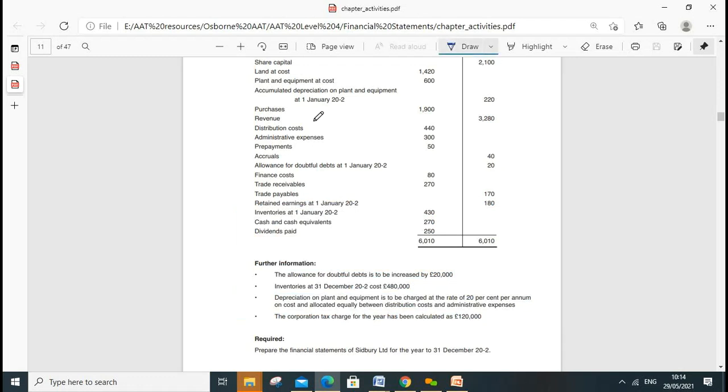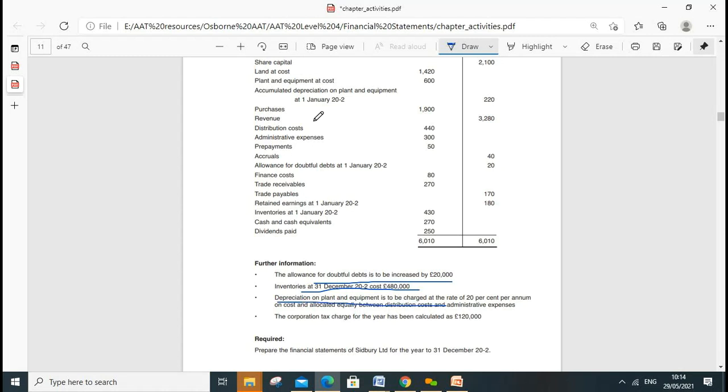Yes, so these are adjustments like allowance for doubtful debts increase. We need to increase the allowance for doubtful debts, because in the past we underestimated. So it means our expense will be increased, and it needs to be deducted from our trade receivables. Inventories, of course, closing inventory goes in cost of sales, and the closing inventory is also an asset.